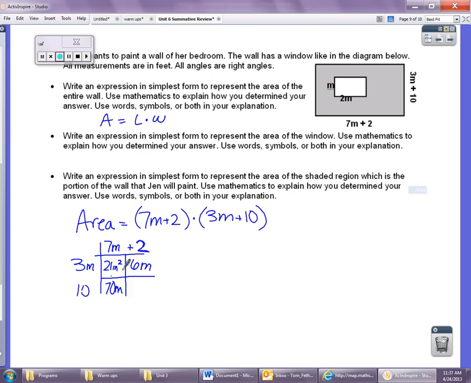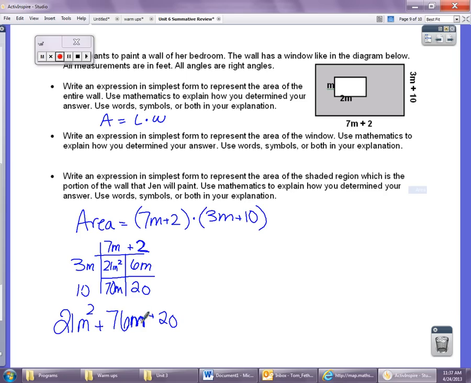And 10 times 2 is just 20. If you look at the numbers in the box, you end up with 21m squared plus 76m and 20 as my constant. Mr. Featherman, why don't you finish this one?